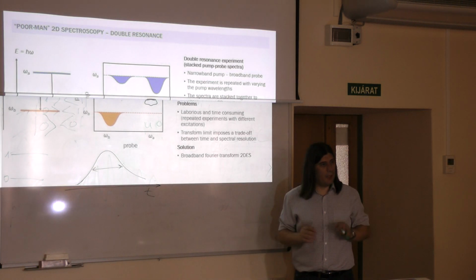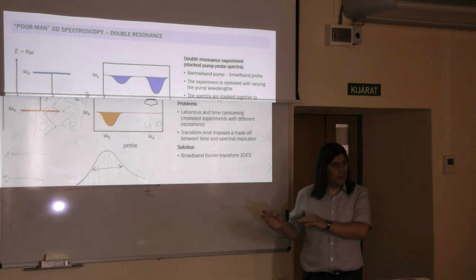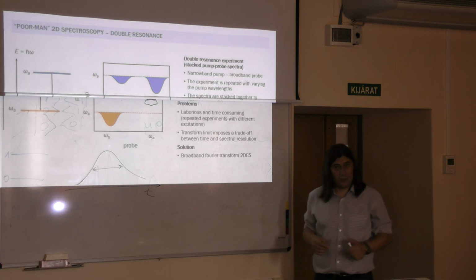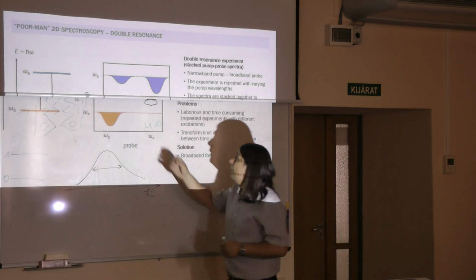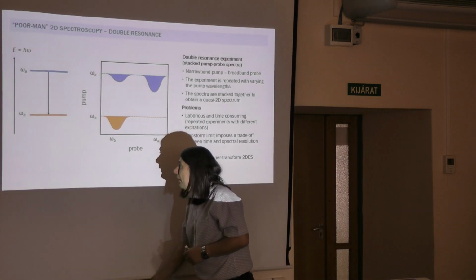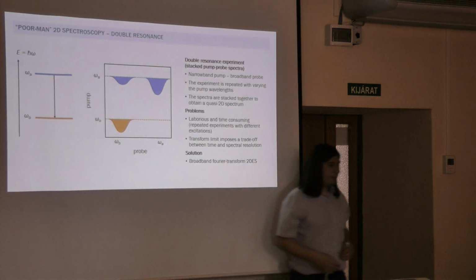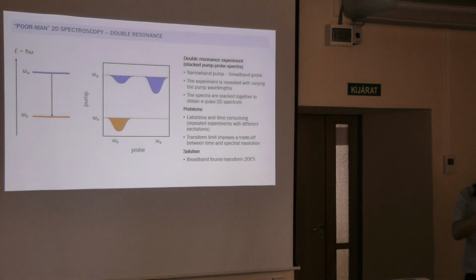This is not the Heisenberg uncertainty principle because there's no Planck constant there. It is simply the mathematical Fourier transform limit.